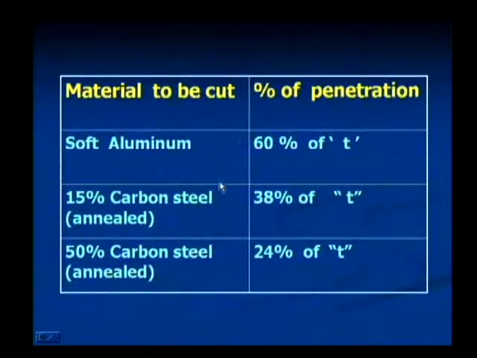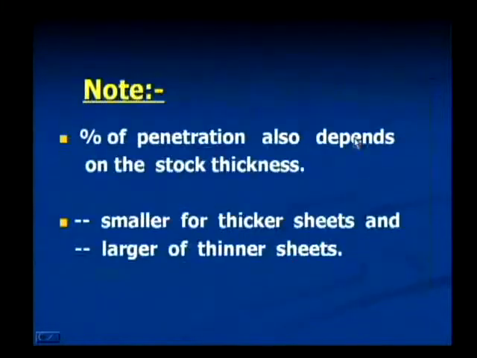From this table we can observe that if the material is soft aluminum, the percentage of penetration is 60% of T. If it is 50% carbon steel annealed, only 38% of T, and if it is hardened carbon steel, it is only 24% of T. So, it is quite clear that the harder the material, the lower the percentage of penetration.